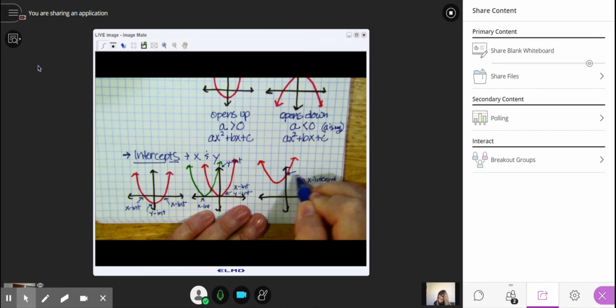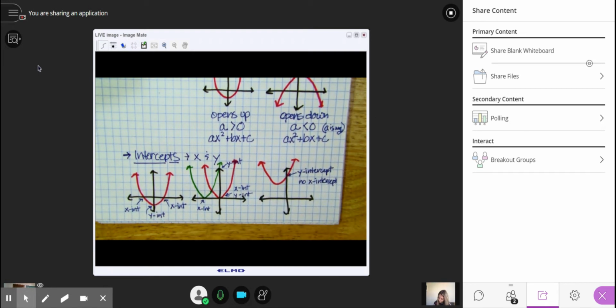But you still have a y-intercept. There are several different scenarios here.